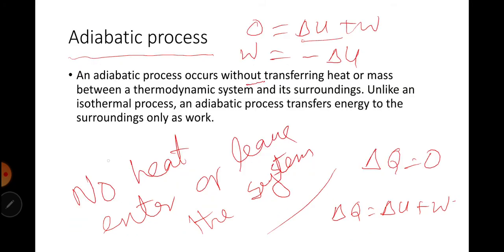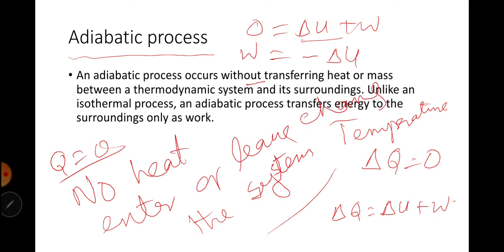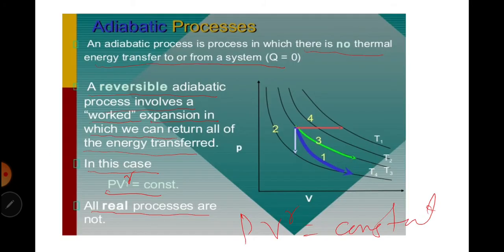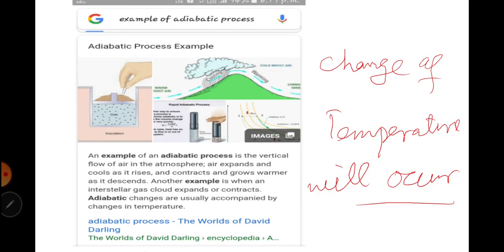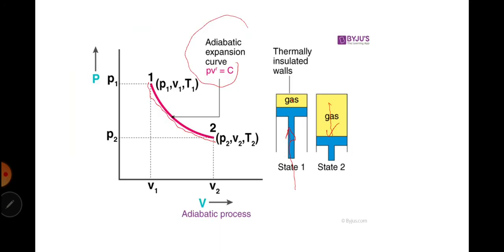In an adiabatic process no heat enters or leaves the system, so temperature will change. That's the difference between them. This is the curve for the adiabatic process.